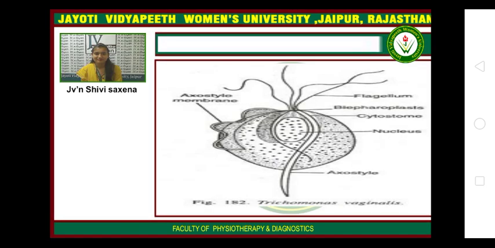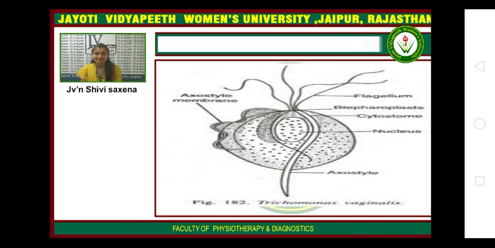It is pear shaped or oval and measures 10 to 30 micrometers in length and 5 to 10 micrometers in width, with a short undulating membrane reaching up to the middle of the body.